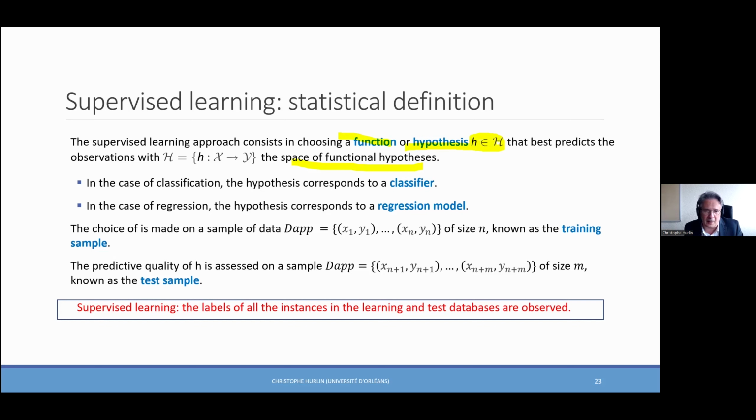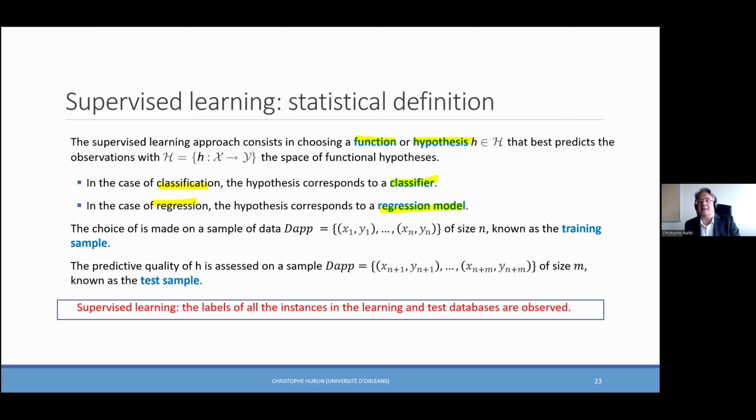Don't be perturbed by the vocabulary: the function, the hypothesis, corresponds to what we call in econometrics a model. It's just a question of vocabulary. If you have a classification problem, the hypothesis, so the model, corresponds to a classifier. If you have a regression, the hypothesis or the model corresponds to a regression model.